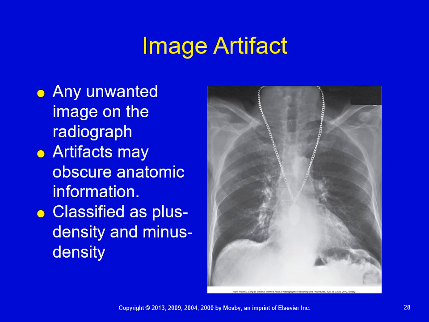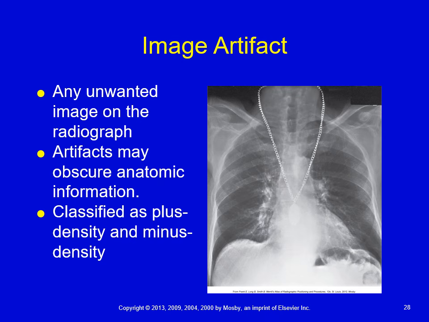One strange artifact that you might see, this is why we have patients that have really long hair, we try to have them pull it up or out of the way of the image. If hair is wet or braided, it can create an artifact. And like I said, medical equipment such as pacemakers and the leads from the EKG machine, those also are considered to be artifacts if they show up on the image.